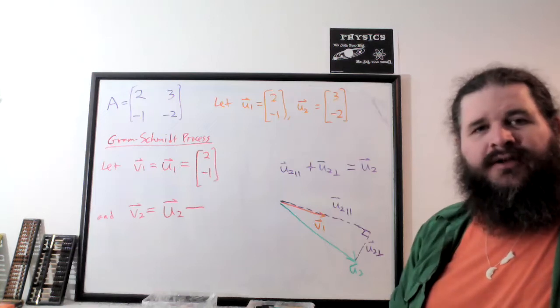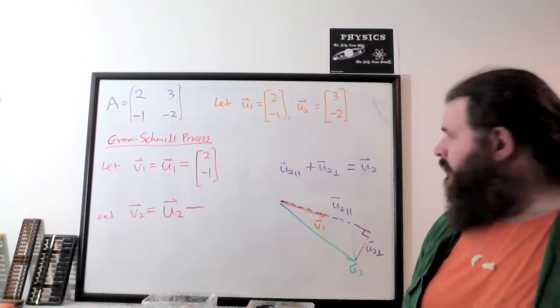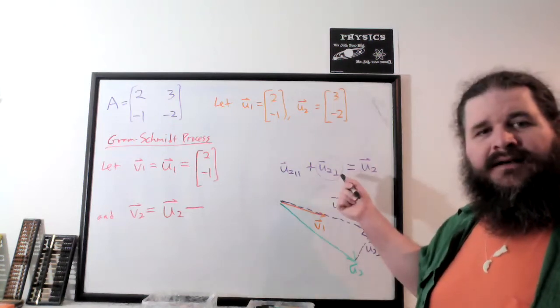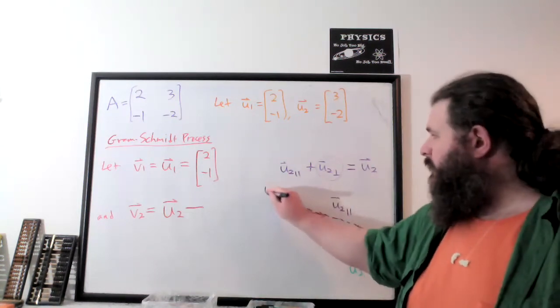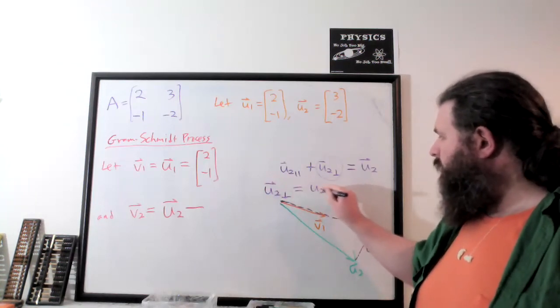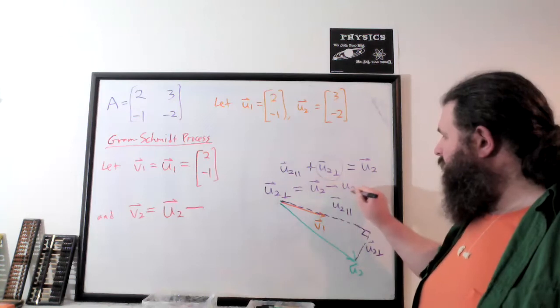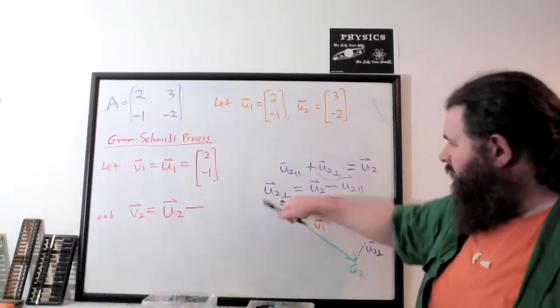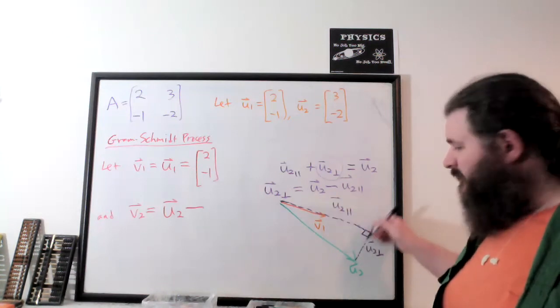Which component? The perpendicular component. We want the perpendicular component. So we can get that by subtracting the parallel. U2 perpendicular is U2 minus the parallel component. By subtracting the parallel component from both sides, we're getting rid of the parallel component, so all that's left is perpendicular.